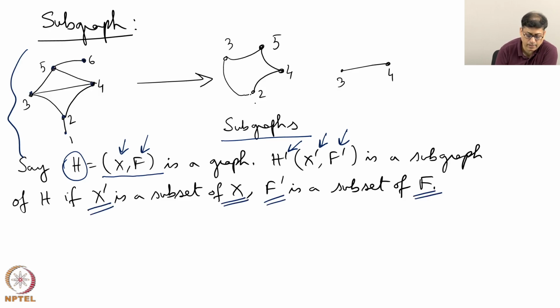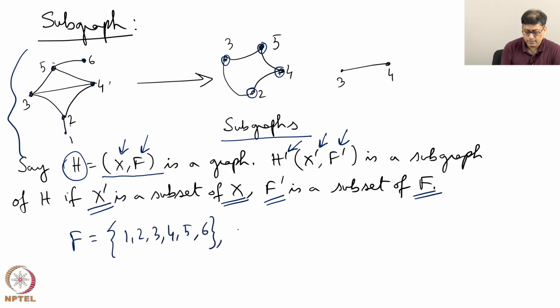For example, here I have picked up only 3, 5, 4 and 2. Only a few are picked up. If x is the vertices 1, 2, 3, 4, 5 and 6, then x dash is equal to 3, 2, 5 and 4. And what about the edges?